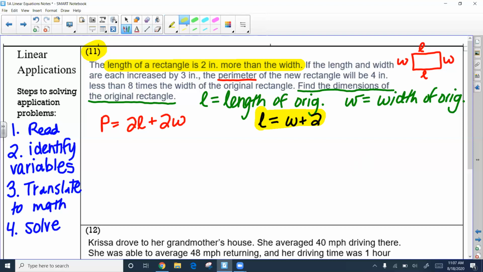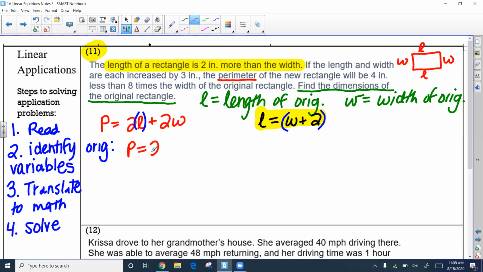Now, reading on, it says, if the length and width are each increased by 3, the perimeter of the new rectangle will be 4 inches less than 8 times the width of the original rectangle. This gets a little confusing because we're talking about the new rectangle and the old rectangle. So first, I'm going to write a perimeter for the original rectangle. Using the perimeter formula, I can take this expression L equals W plus 2, and replace this L with the W plus 2.